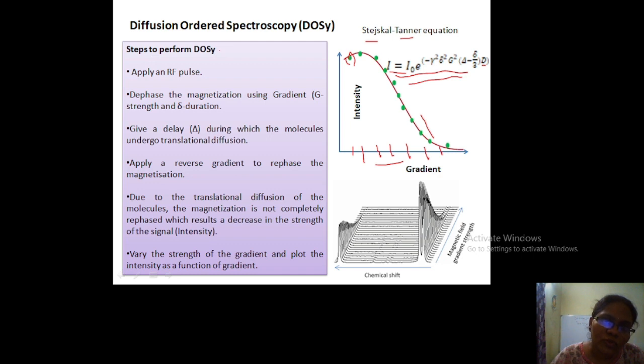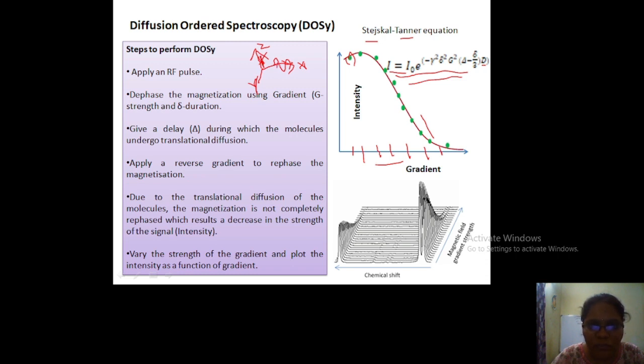To perform a DOSY experiment, you need to apply an RF pulse, because an RF pulse tilts the magnetization from the z axis. Suppose you are applying a pulse in this direction: this is the x axis, this is the z axis, this is the y axis. Now your magnetization vector is along the z axis.